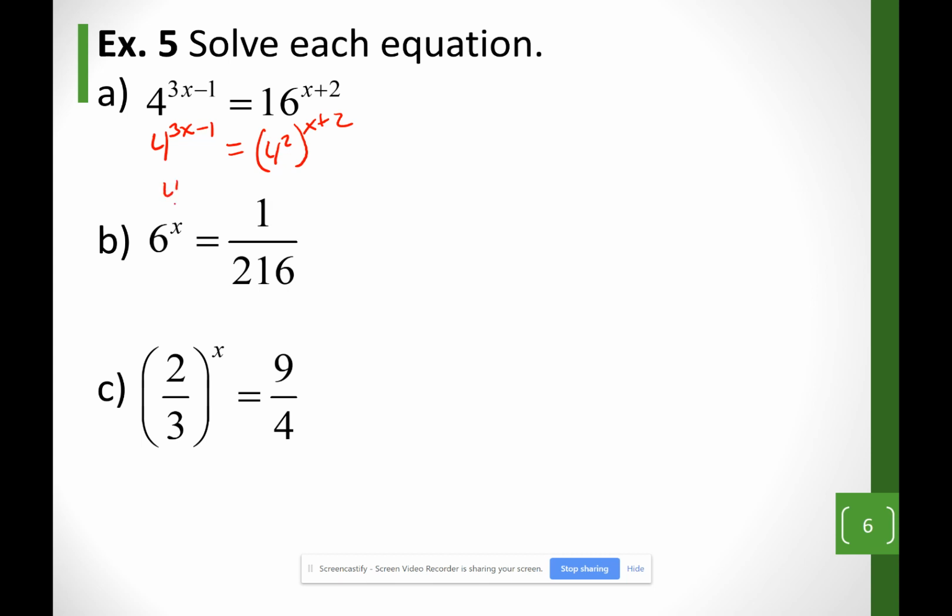Now I have that 4 to the 3x minus 1 is equal to 4 to the 2x plus 4. Notice I had to distribute my 2 because I'm multiplying my exponents. Now that I have the same base, I'm going to let my exponents equal each other. 3x minus 1 is equal to 2x plus 4. Solve for x. I'm going to subtract the 2x. I'm going to add a 1. So I get that 1x is equal to 5.